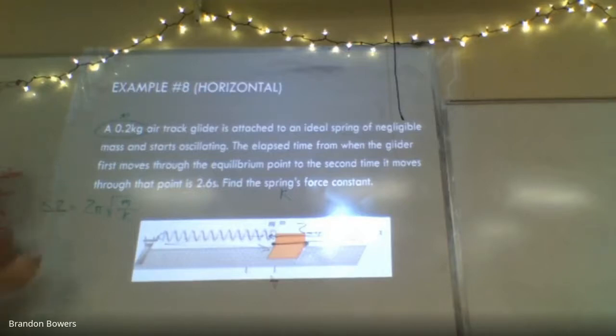And you just plug it into the equation again. Mass was 0.2, and you solve for K. Divided by 2 pi, square that value. Just rearranging the equation.